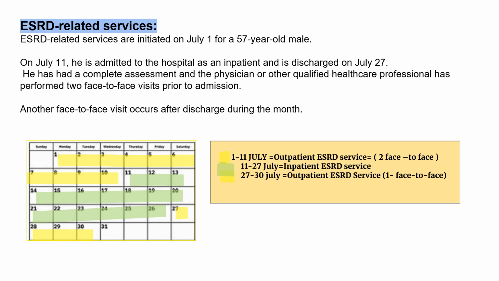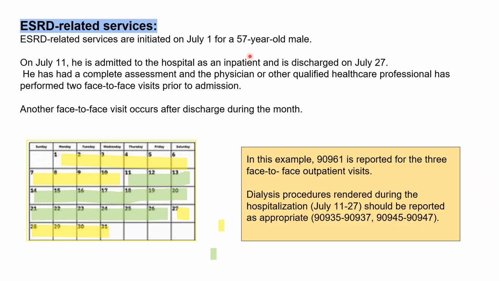Now let's see next. So let us look at the answer. So first of all, the age of the patient is 57. Secondly, how many face-to-face visits? So you will see here that there were two face-to-face visits prior to admission and one face-to-face visit after the admission. So three face-to-face visits. And what was the setting? First he was outpatient, then he became inpatient, and then he became outpatient.